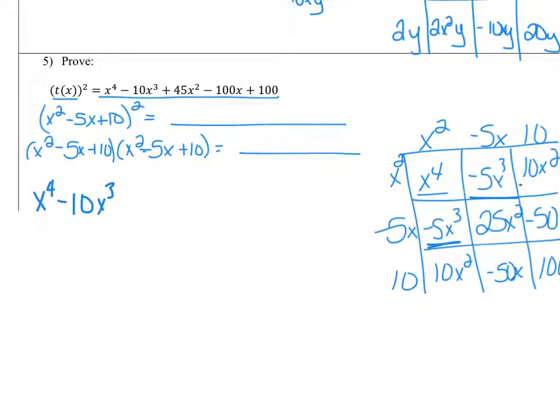Okay, combine these three. These are all x squared, so that's 45x squared. And then we have negative 100x. This has an x on it. I can't see it, but it's there. And then plus 100. Well, that's the same as this.